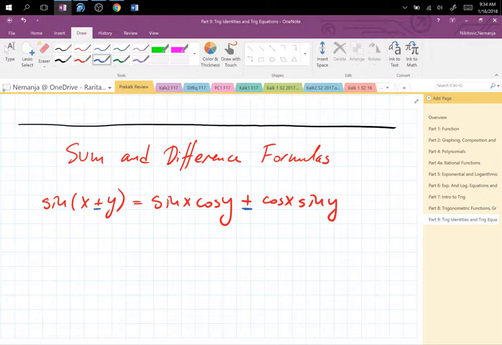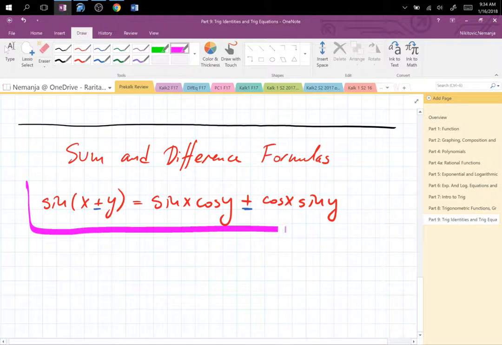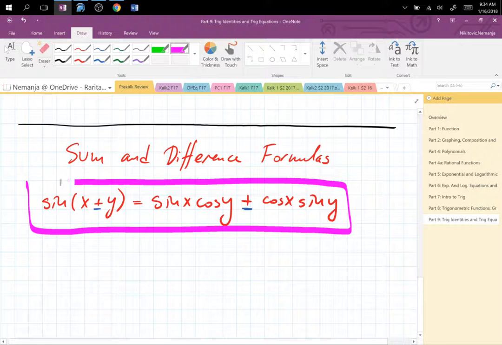You can also have, let's say, sine of 15 degrees, which would be 45 minus 30. So you can solve all of those problems. Now, again, this is one of the major formulas. I'm going to write cosine and tangent later.